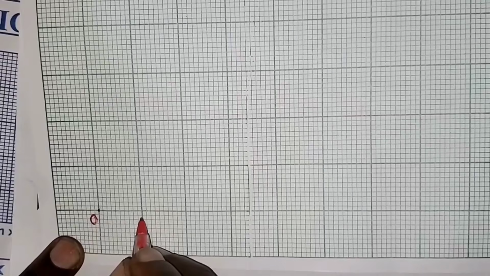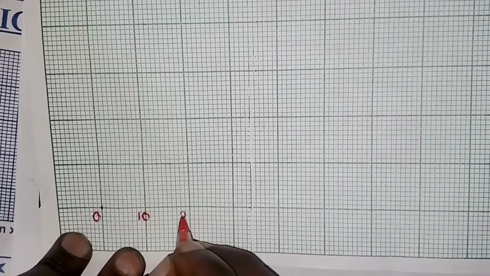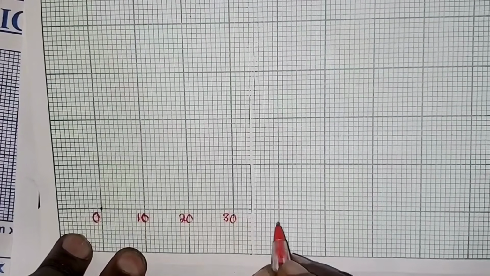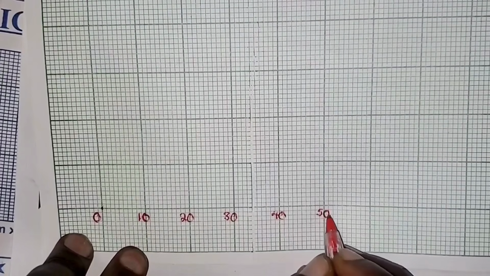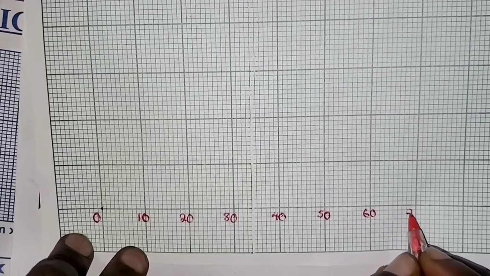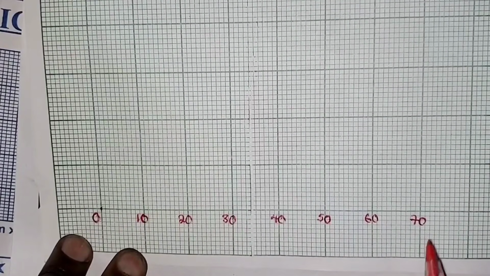So this is 0, and then this is 2 centimeters. They told us to use 10 chairs, so this will be 10 units. So this is 10, this is 20, this will be 30, this will be our 40, this will be our 50, this will be our 60. This is our 70. So I go from 0 to 70 on the x-axis.